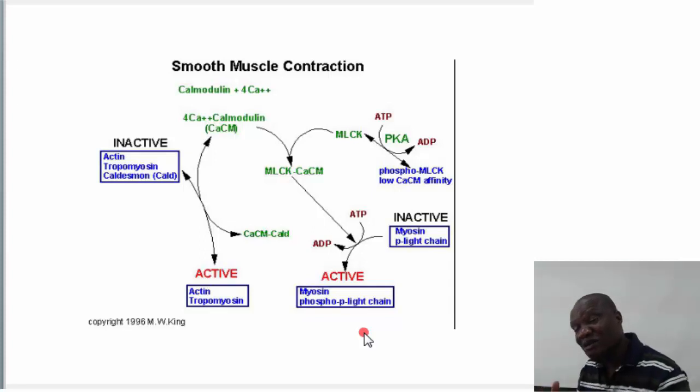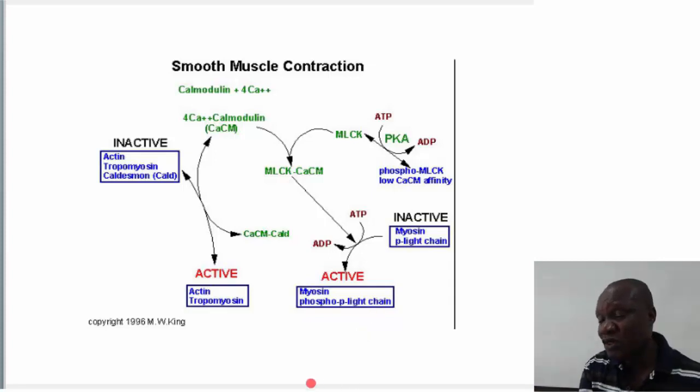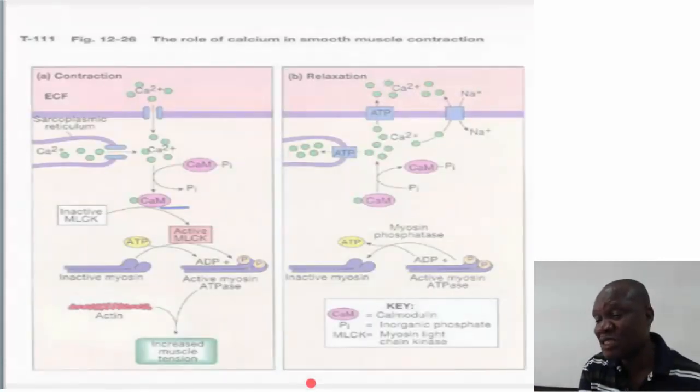Now, calcium-calmodulin will also activate a kinase, an enzyme called myosin light chain kinase. The myosin light chain kinase would then activate myosin light chain through phosphorylation. So it utilizes ATP to activate the myosin light chain. The myosin light chain, when it's activated, will go through the cross-bridge cycling.